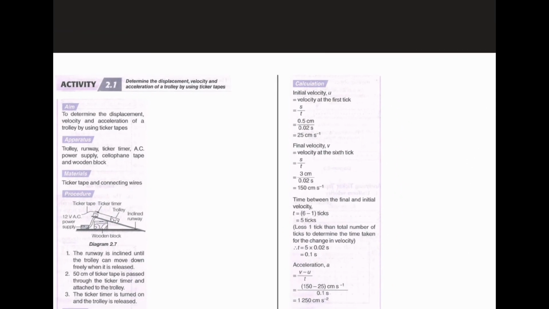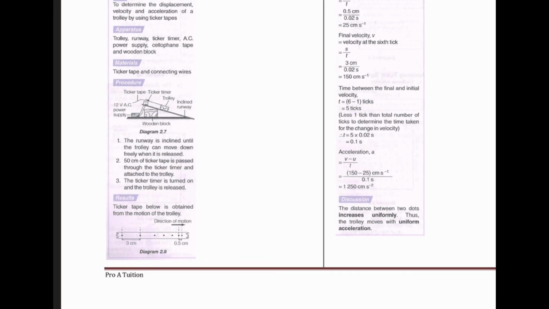Okay, so let's see the calculation here. We have initial velocity. To calculate initial velocity, you have to look at the first part, 0.5 cm. And we know that this is one tick. One tick is 0.02 second.